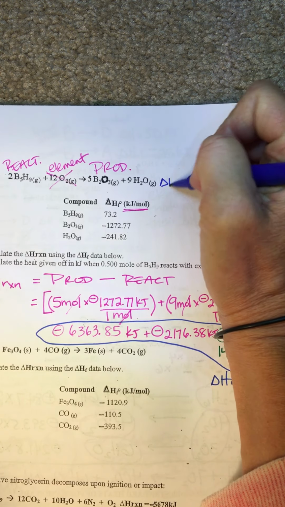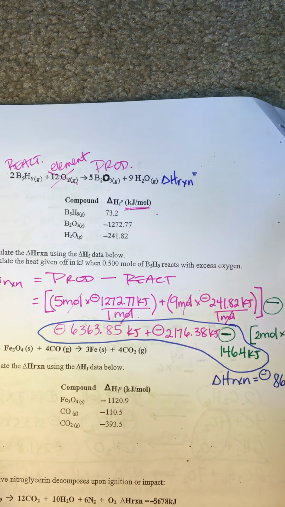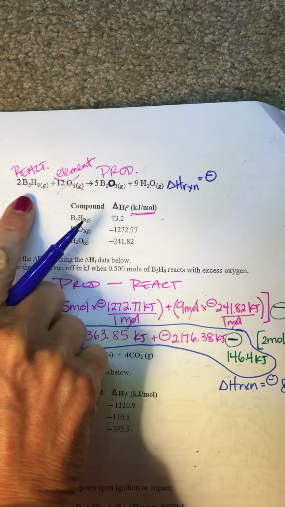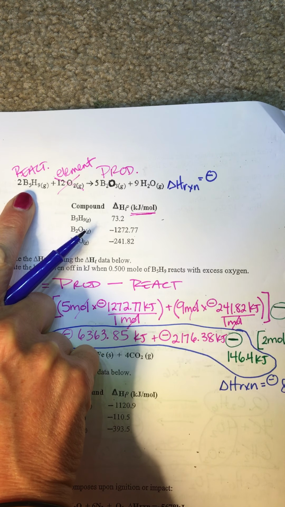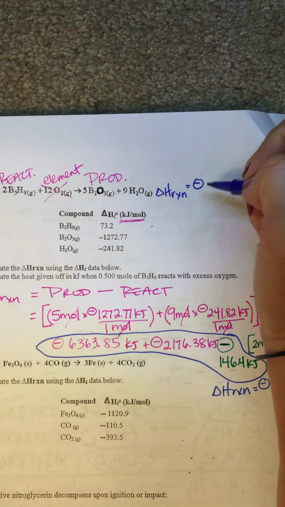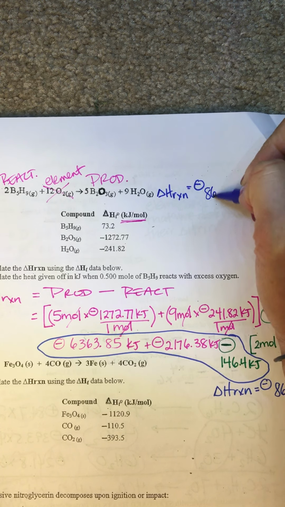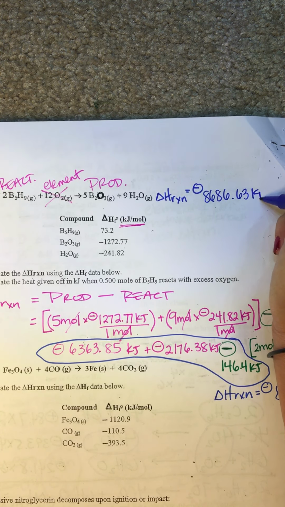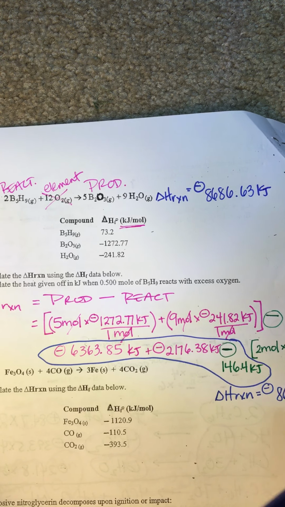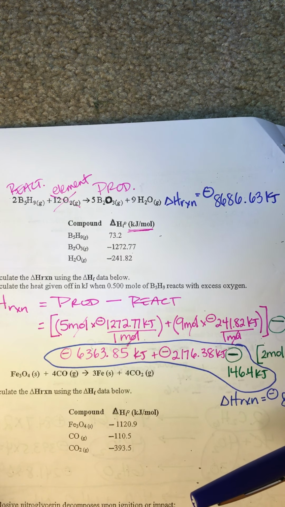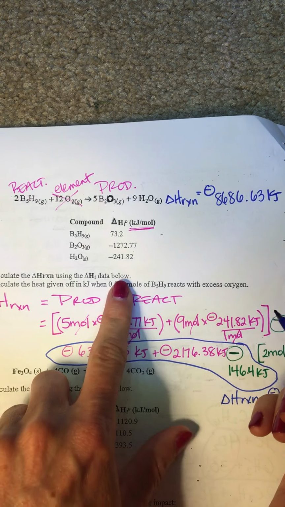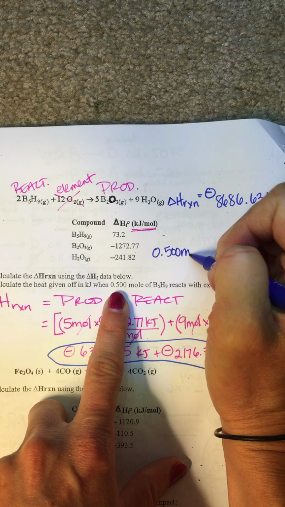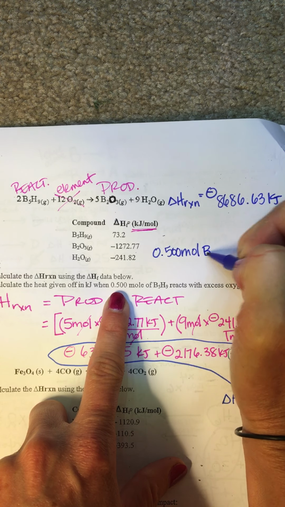So the delta H of this reaction, we already calculated. It says that when you do this complete recipe here and you burn 2 moles of B5H9, you're going to get 8,686.63 kilojoules of heat released. Well, they want to know how much heat's released if you only have half a mole. So let's start with our half a mole. And how would we express that on a piece of paper?